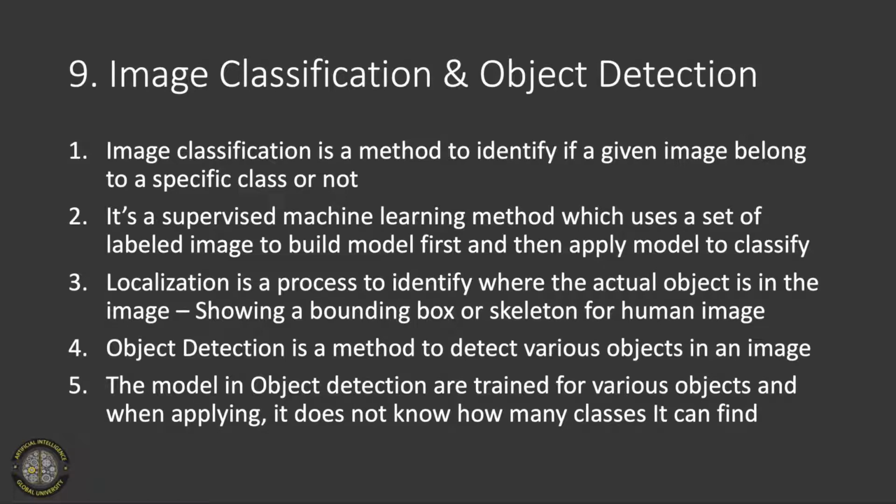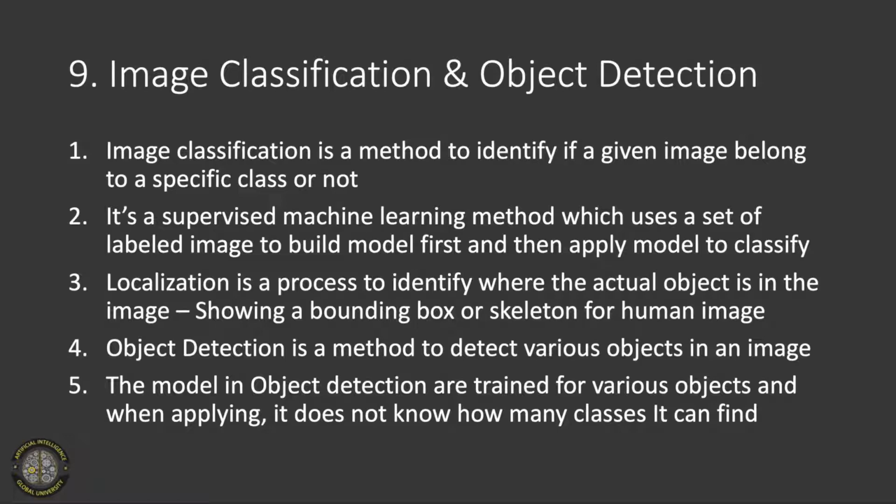So it looks for however many classes the model is trained for, whether it's 200 or 5,000, depending on the training environment and the training data set given. But after that training is done, the model has the ability to identify all those classes it was trained for in very fast time, compared to image classification, where we go through one after another.